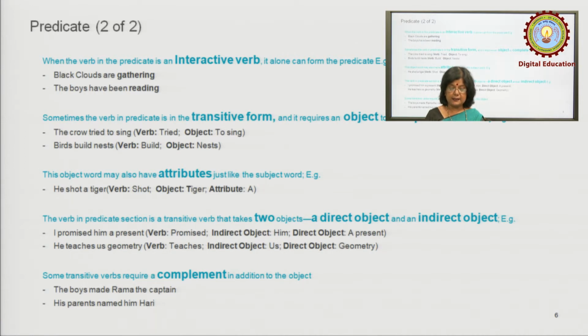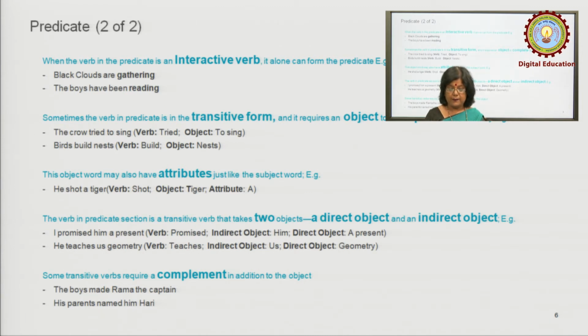In this sentence, the verb shot is the predicate, object will be tiger and attribute will come under the word a. So, this will be the division of the predicate part: shot verb, tiger object and a attribute.